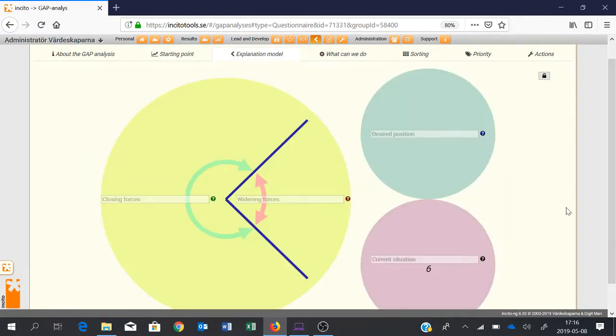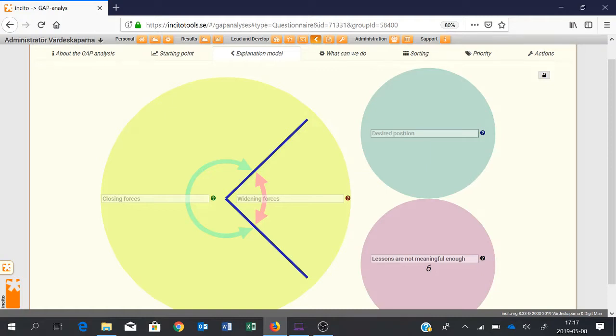The next step is to try to explain why we have the results we have. You see the current situation, the system knows we had a number 6 on a scale 1 to 10. And I can state that lessons are not meaningful enough, for instance.